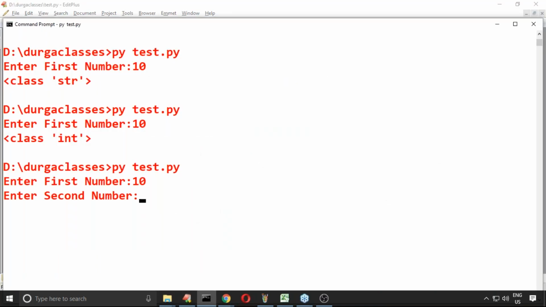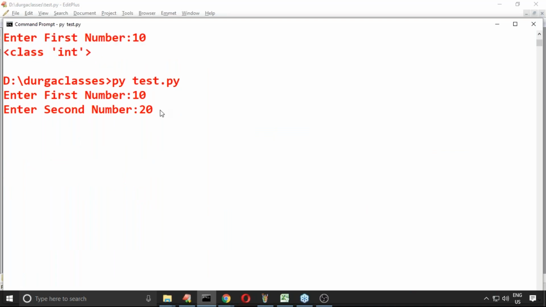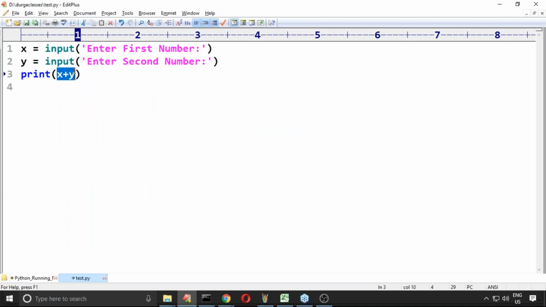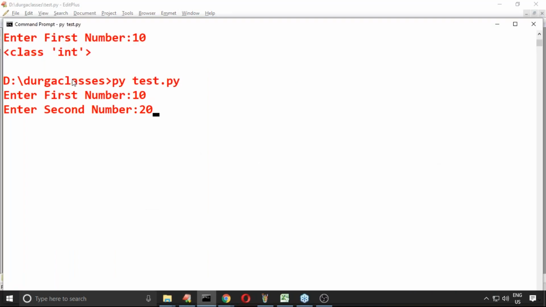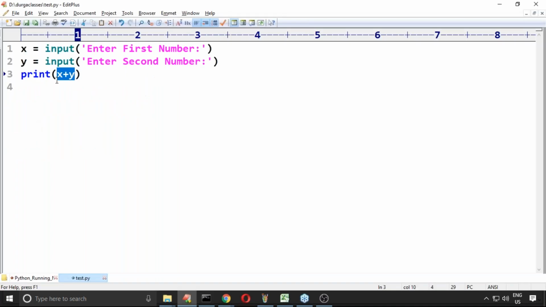Enter 10, enter second number 20. Then what output do we have to get, sir? 10 plus 20 means 30. But here the answer we are getting is 1020, because a string plus a string means concatenation.